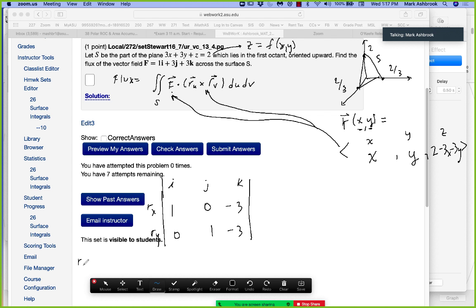And so my rx cross ry is, so down to the right we get 0 for the i component, down to the left minus negative 3, so positive 3. Check my math. Okay, the j component down to the right is 0, down to the left minus negative 3 is also positive 3. And the k component down to the right is 1.